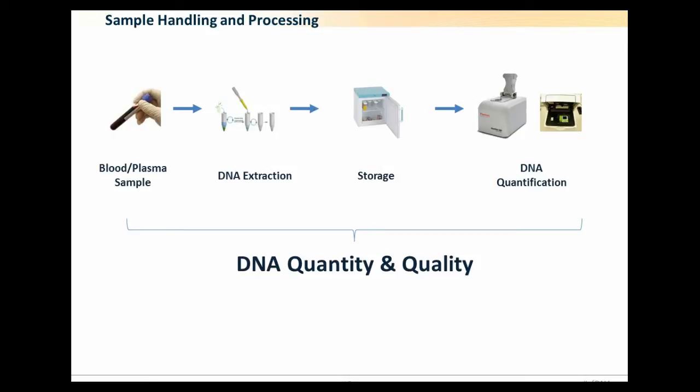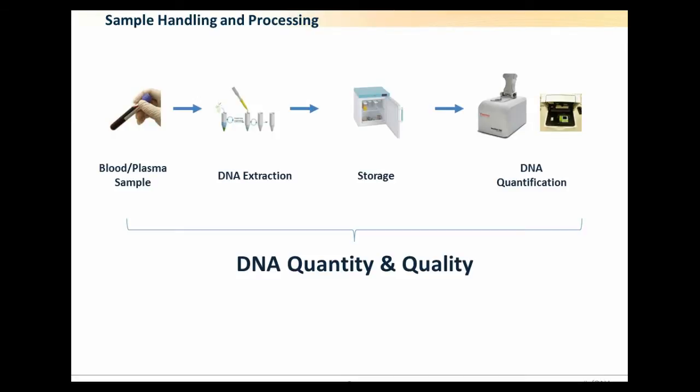There'll be a storage step, and then a quantification, which could be done with a standard nanodrop or a fluorescence-based method. And all of this will control and impact the quantity and quality of the DNA you have feeding into the analytical part of your assay.